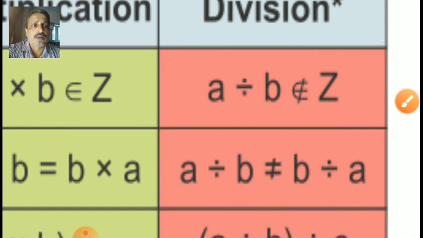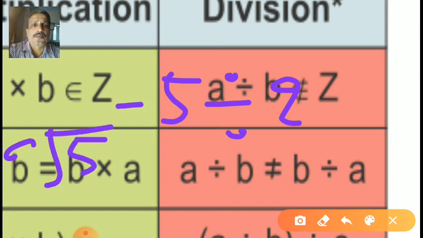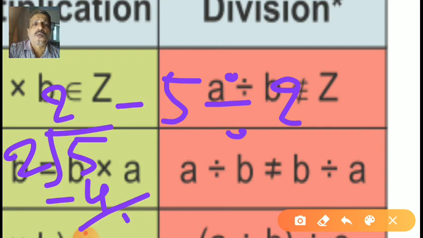See, because you can divide minus 5 divided by 2. Forget about the sign. You can divide 5 divided by 2. 2 to the 4, what is the answer? 2, or you can say the answer is 2.5.